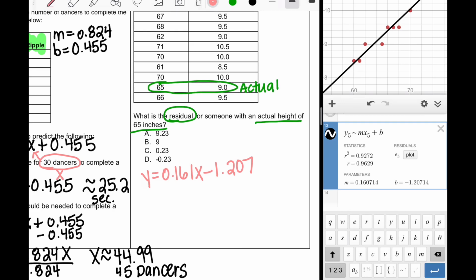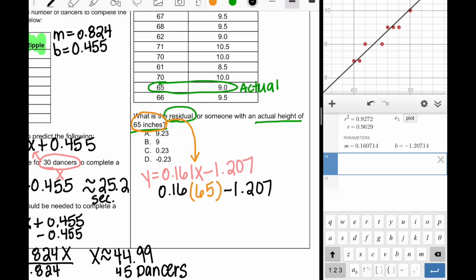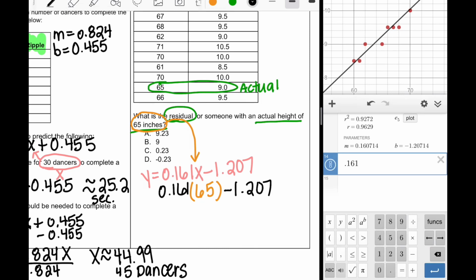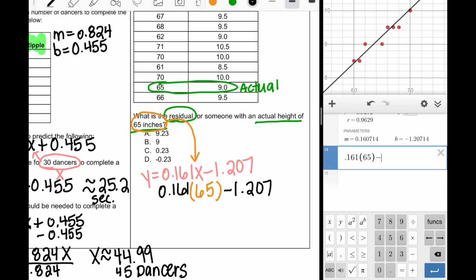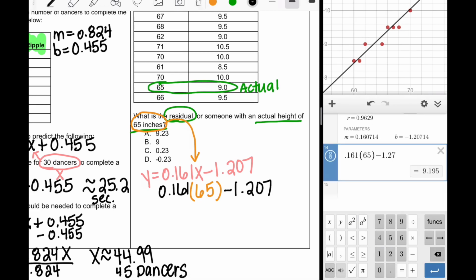So I have my best fit equation. But now what I need to do is actually find the predicted value. So if I have 65 inches, I'm going to plug that in for x in order to determine the predicted amount. And when I plug that in, we're going to get a predicted value for this problem. So we have 0.161 times 65 minus 1.207.